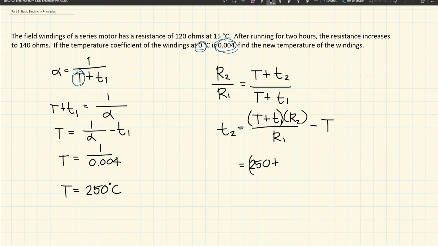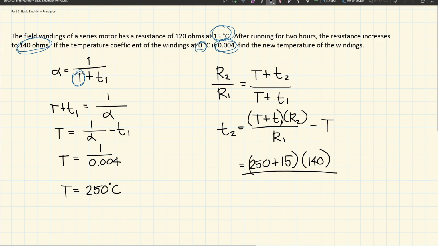Our T1 is 15 degrees C. Our R2 is 140 ohms, all over R1. R1 is 120 ohms.